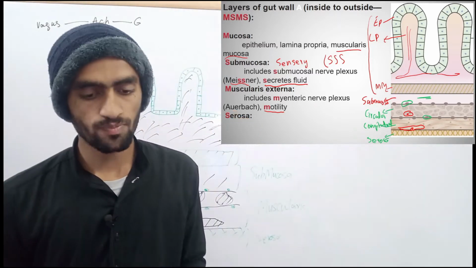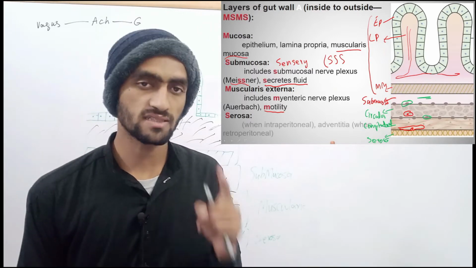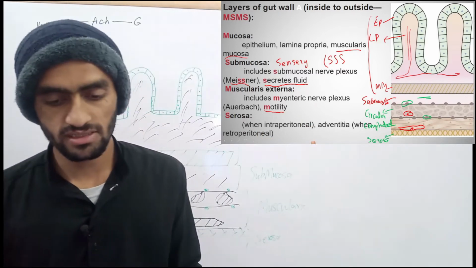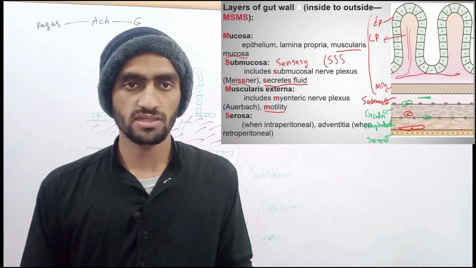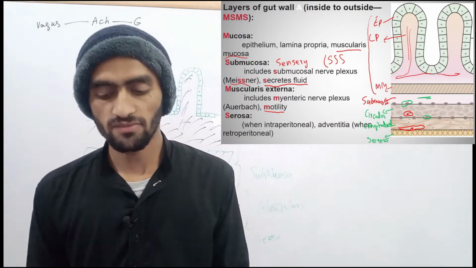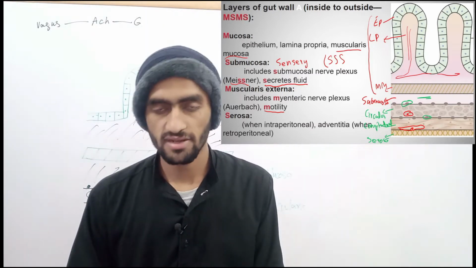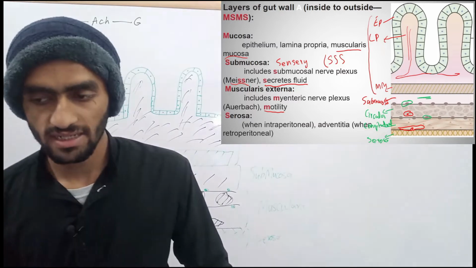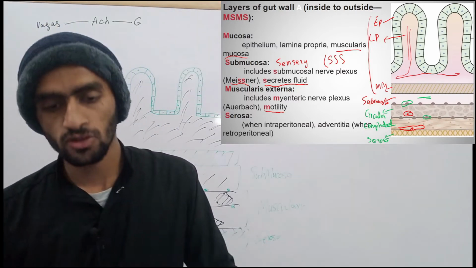And the outermost is serosa for intraperitoneal organs, and for retroperitoneal organs it is adventitia. Intraperitoneal means the organs which are covered by visceral peritoneum, and the organs which are not covered by peritoneum are retroperitoneal. For example, kidney, descending colon, ascending colon, all these are retroperitoneal.